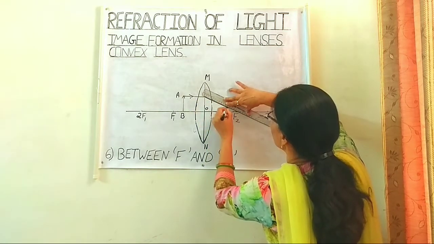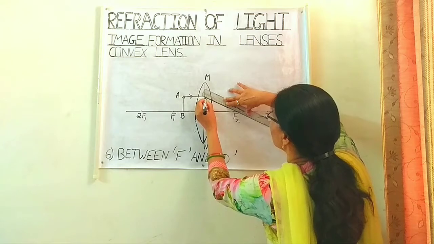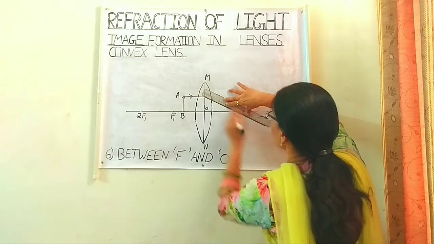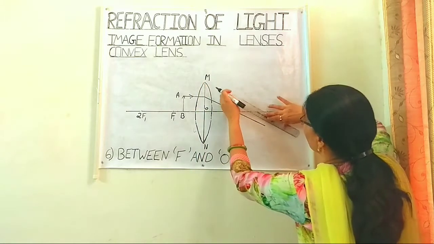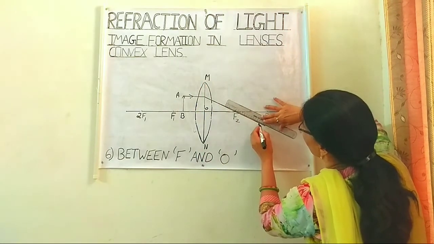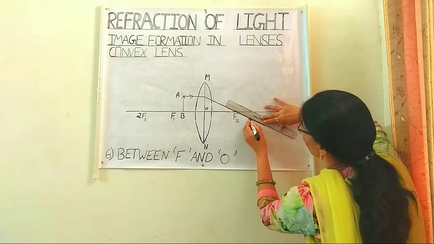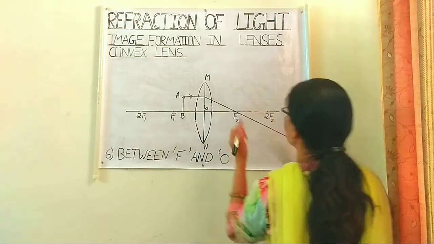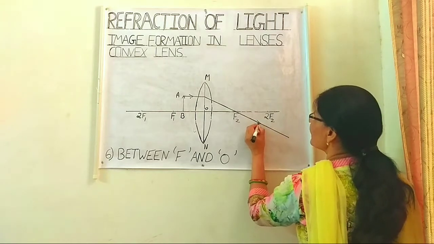We can extend this further like this, and let us put an arrow here because this is the refracted ray.